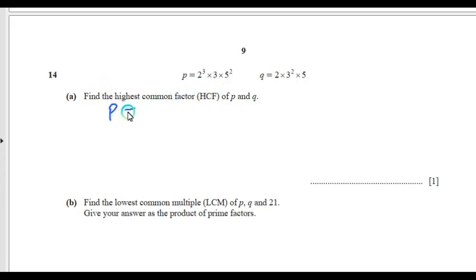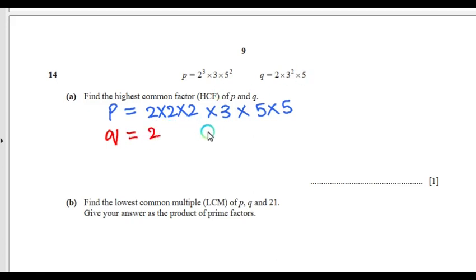The first one is P equals 2 cube, which means 2 times 2 times 2, and similarly this is 3, and then 5 square means 5 times 5. Now writing Q, it is 2 and then times 3 times 3 and then 5 times 5.